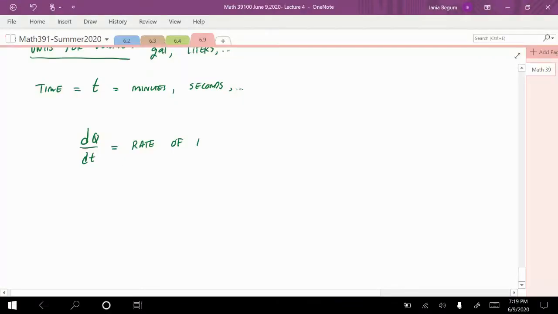So dQ/dt is the rate of how fast the amount of salt is changing per given time. Okay, so that's the derivative.